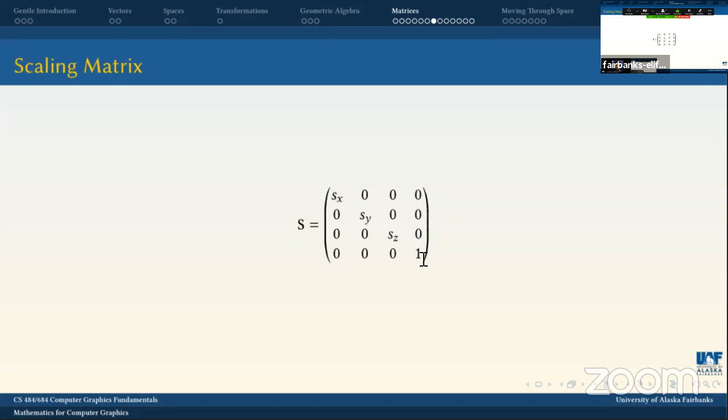Scaling matrices are useful when you want to make an object larger or smaller. Although they do have a downside. Well, it's not 100% a downside, but normally when you transform your 3D model, you're not just transforming the geometric points in the model, you're also transforming the normals, so what direction the vertices are facing.